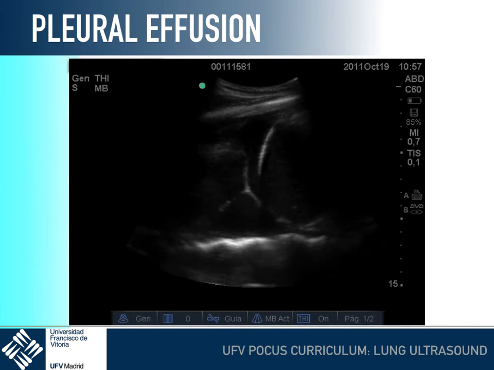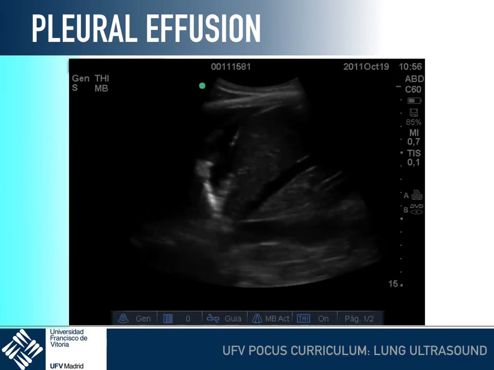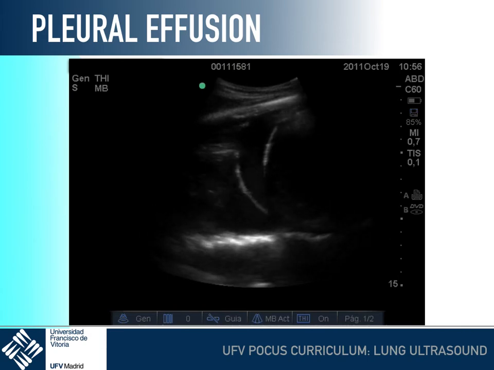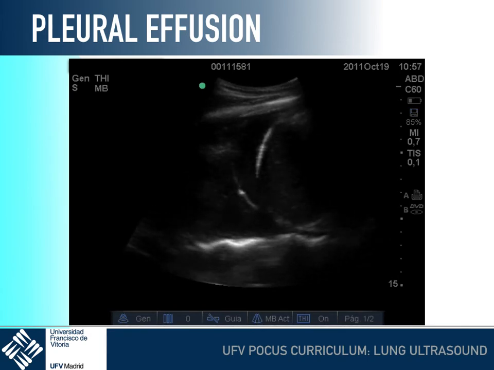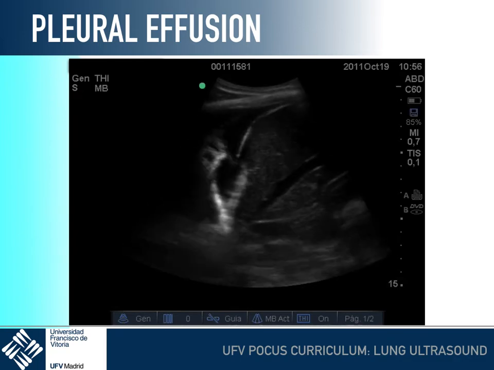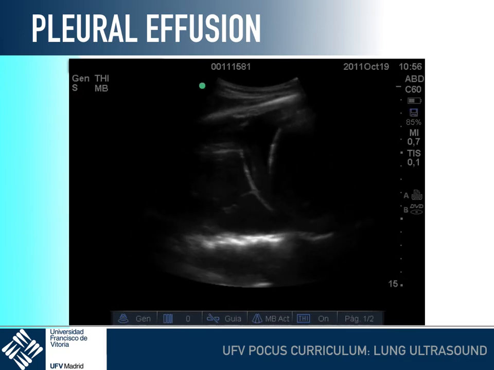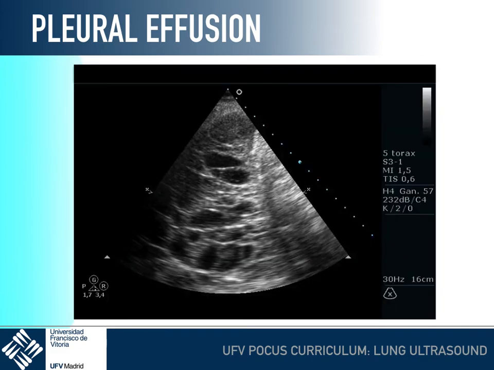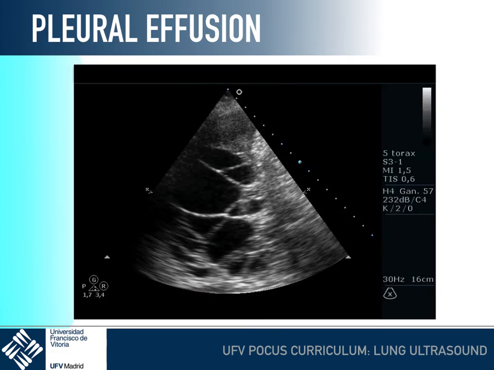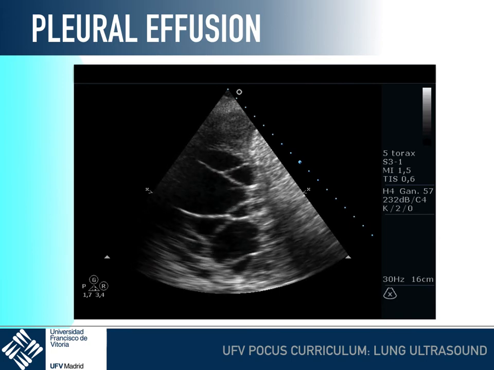There are septations. Undoubtedly, there are septations here. So no matter if the clinical symptoms are against a complicated effusion for the patient, we are actually looking at it. In the next slide, we are looking at multiple pockets of fluid which are separated from each other, and there's even a solid area in the most superficial part.